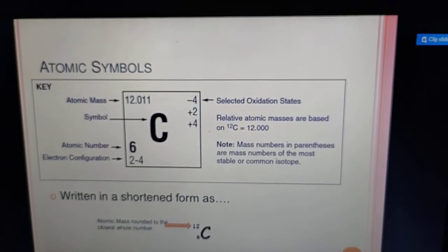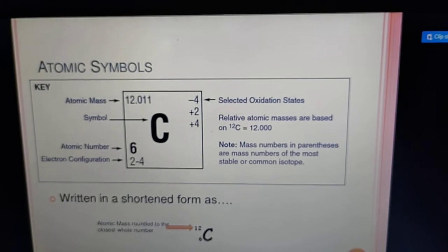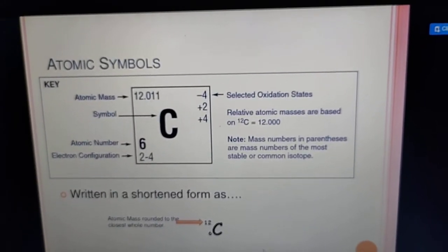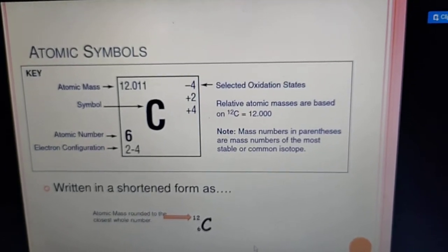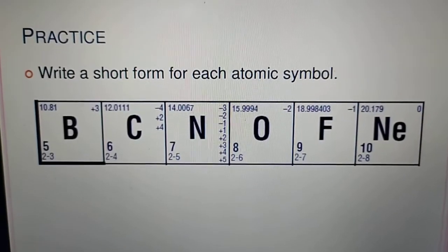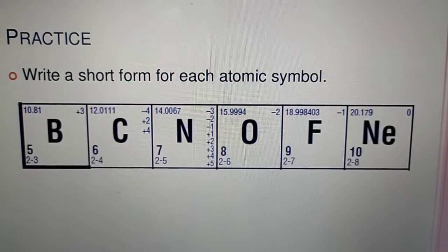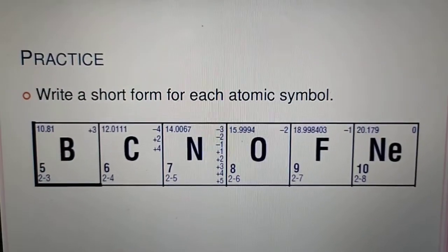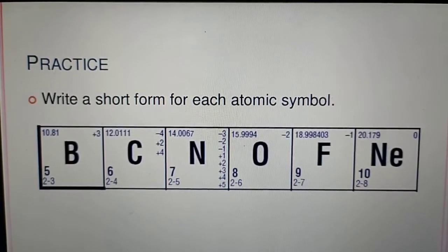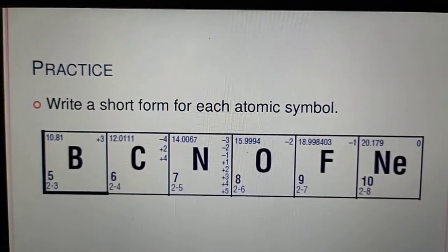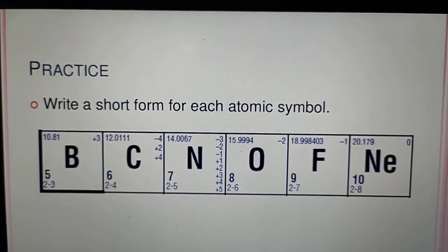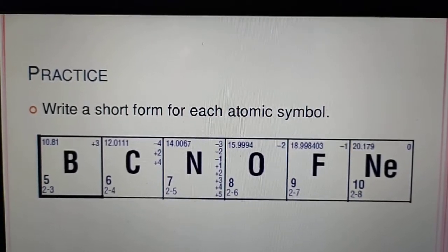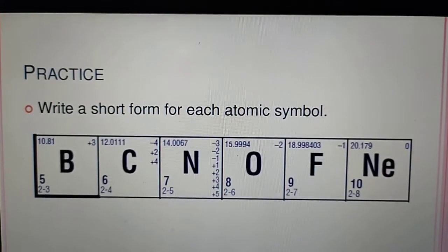So these four points are the significance of symbol. If I write the symbol B, by seeing it you can tell that it gives us the name of the element, that is boron. One atom of boron is present. It tells us the quantity of the element.